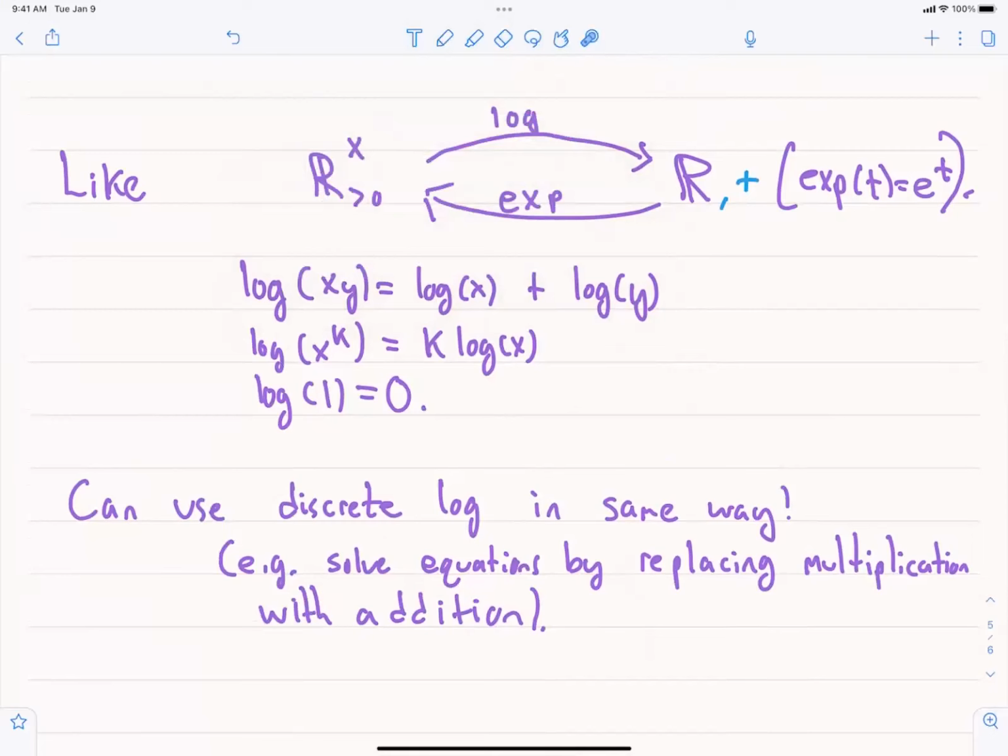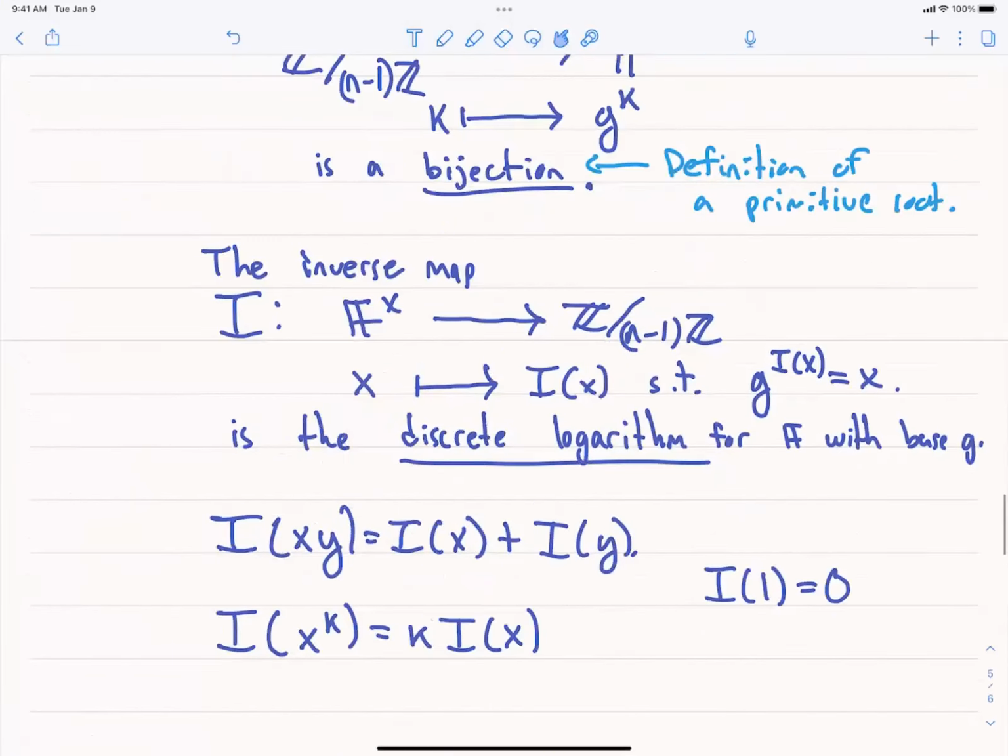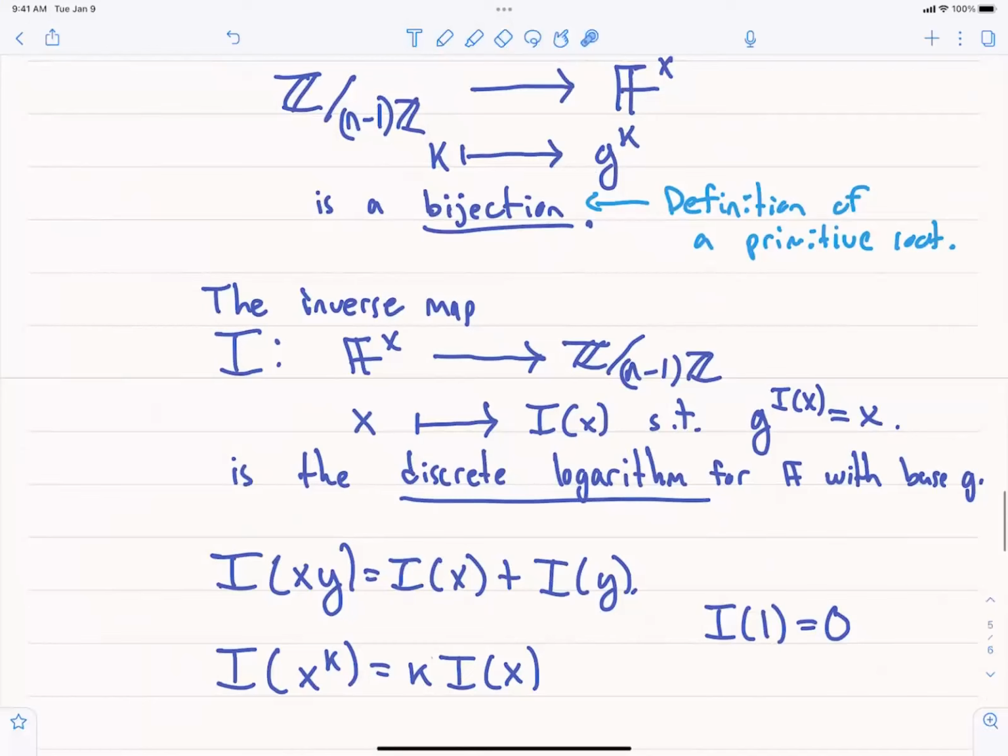Over the real numbers, you have just a power series formula for logarithms. So you know how to compute one logarithm without computing all of them. But that's not true in finite fields. In finite fields, the only way to compute one logarithm is to compute all powers. Okay, and that's what makes it hard.